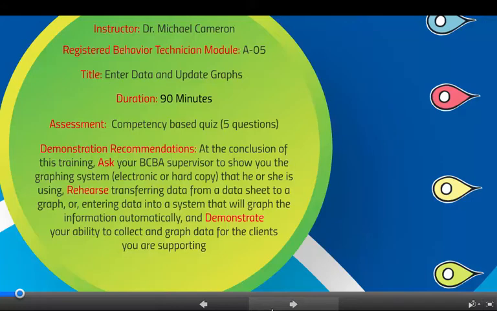So it's good for your own skill development, good for your own professional development, but it'll also be a great aid for the BCBA supervisor as well. Finally, at the end, you'll want to demonstrate your ability to collect and graph data for the clients that you'll be supporting.